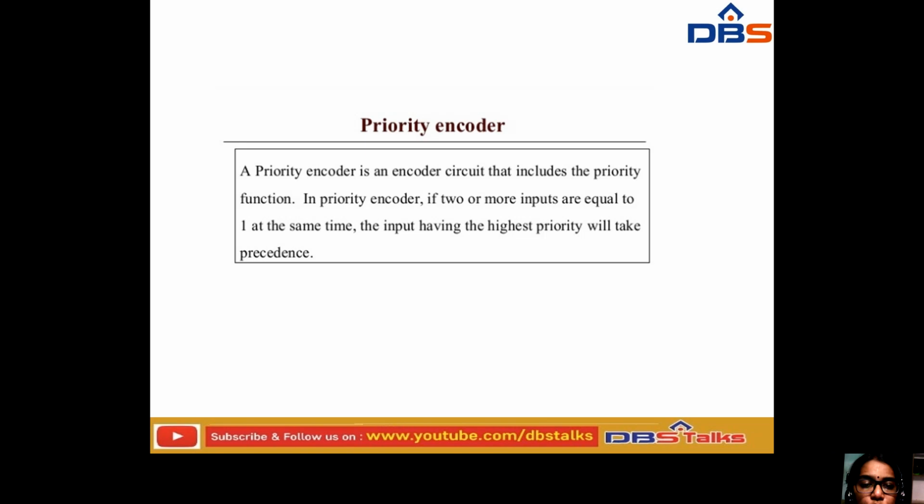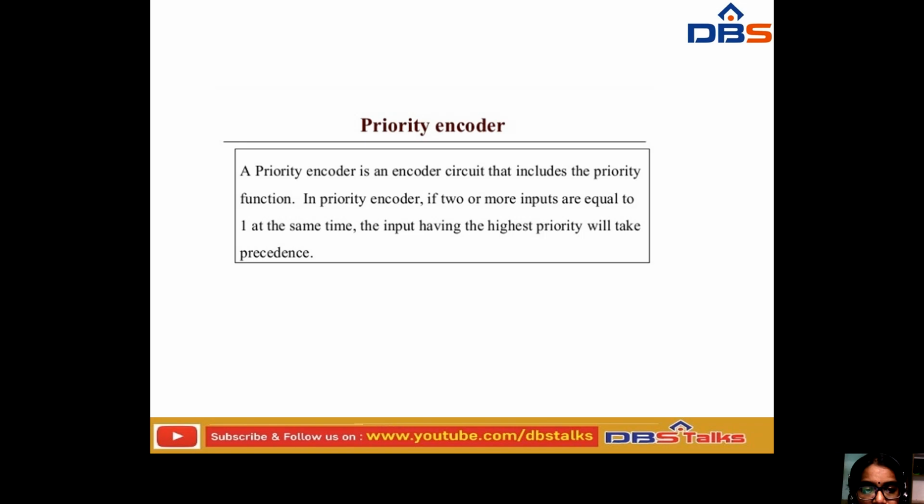Priority encoder is an encoder circuit that includes the priority function. If two or more inputs are equal to 1 at the same time, the input having the highest priority will take the precedence.